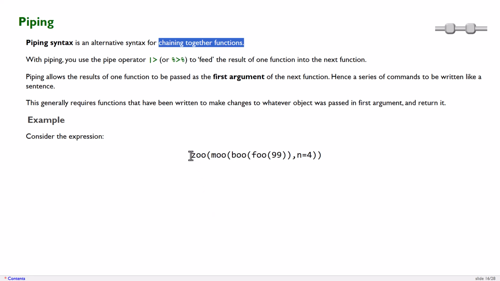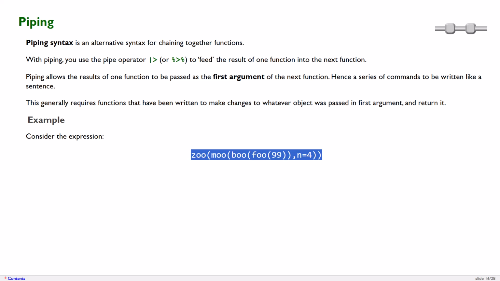Many of us, if you've ever worked in Excel and you've had to write an equation that combines lots of functions and maybe they're nested, can wind up with an expression like this, which has lots of nested parentheses, and it works fine, it executes well, but it's a little bit hard to read, and if you mess up one of your parentheses, you omit one, or you put it in the wrong place, it could take quite a while to figure out. So this is kind of the problem that piping syntax was designed to address.